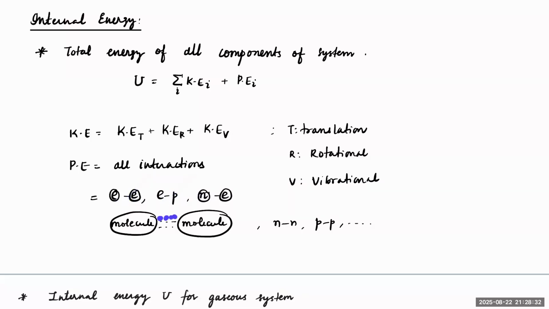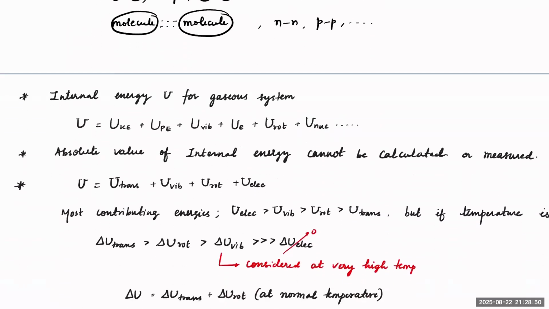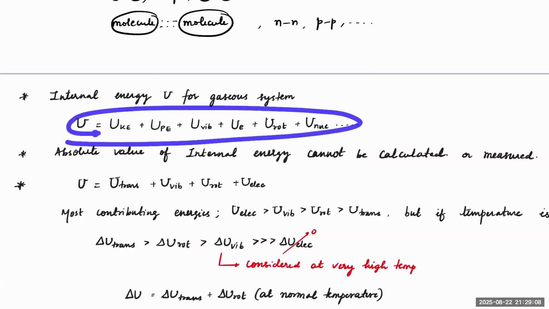So any interaction between the atoms, between the molecules, within the atom and within the molecule, including the summation of all of that, is potential energy. Adding these two, we will get the internal energy. Internal energy has all these parts: kinetic energy, potential, vibrational, electronic, rotational, and nuclear energy. All of these included, we get internal energy.